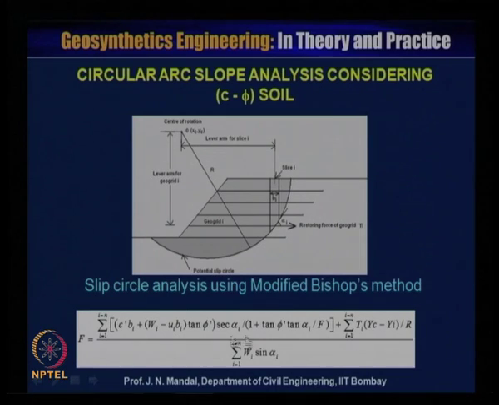So, this is the modified Bishop method for the c-phi soil. Here both the c-phi soil and the pore water pressure have been considered. So, this is the equation for the circular slope analysis for the c-phi soil.